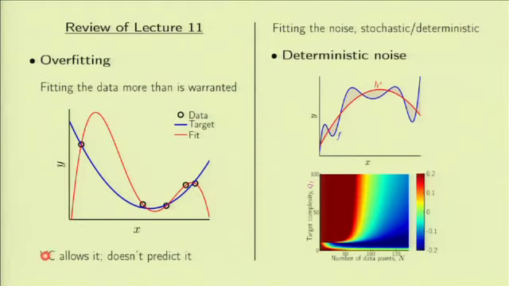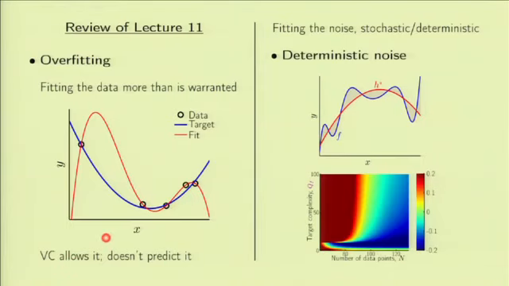It gives you a bar for bad generalization. And it could be that the in-sample error is going down while the out-of-sample error is going up, which is our definition of overfitting. Or it could be that both of them are going down, but the generalization is getting worse. So it doesn't specify to us whether overfitting will happen or not. So although it doesn't predict it, it allows it.